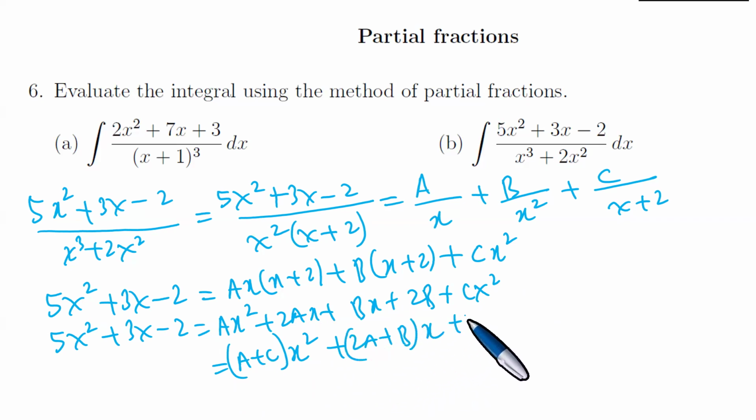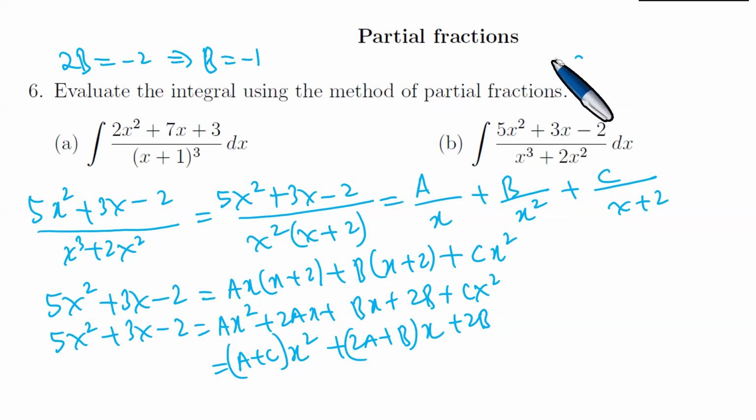So in the end, twice b is equal to minus 2. This means that b equals minus 1, upon division by 2 on both left and right.